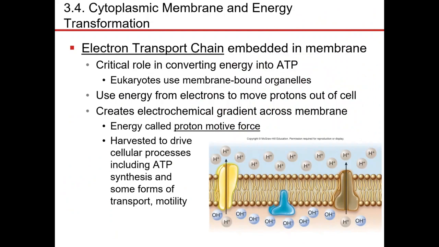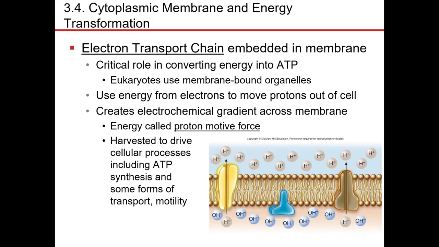Now, the electron transport chain is a very unique function of the bacterial cell wall. I'm going to digress and go a little bit into biochemistry. In eukaryotic cells, in our cells, the organelle that produces energy, ATP, is the mitochondria.